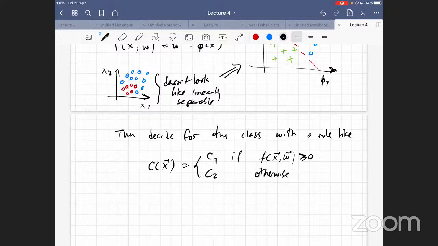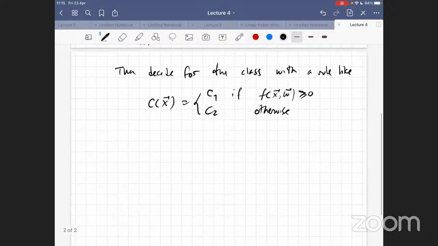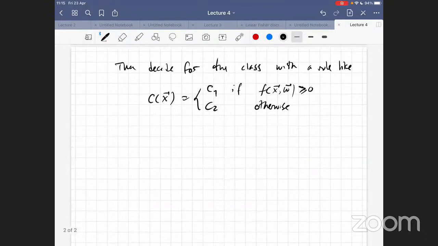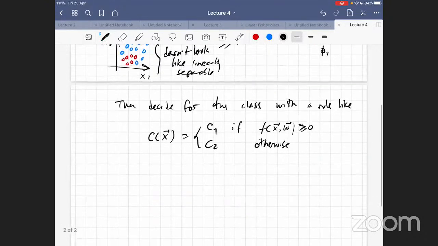Okay, I can just follow this strategy, no? So then I can say, okay, this looks good.